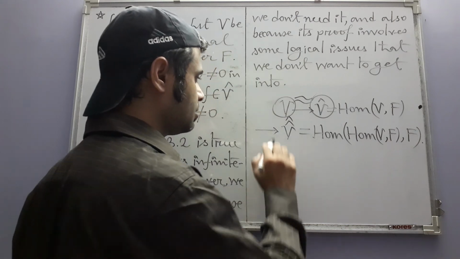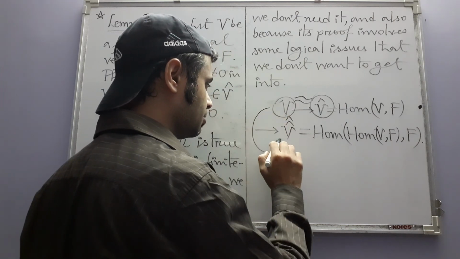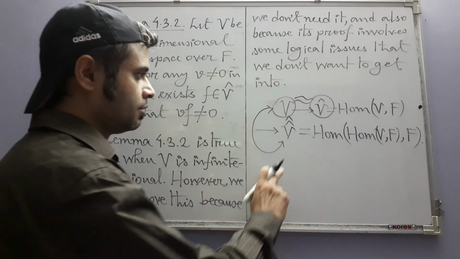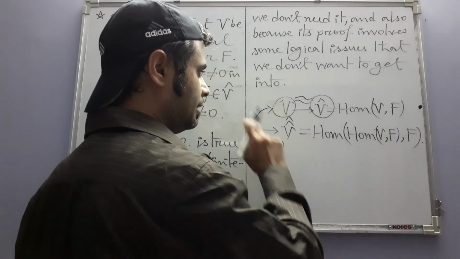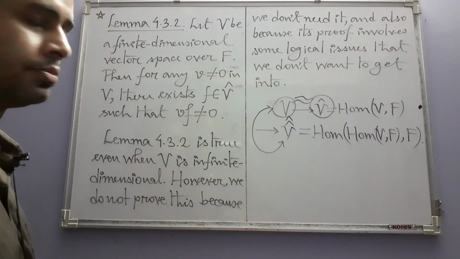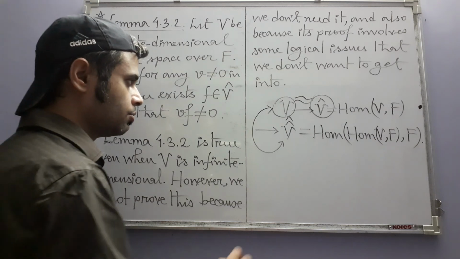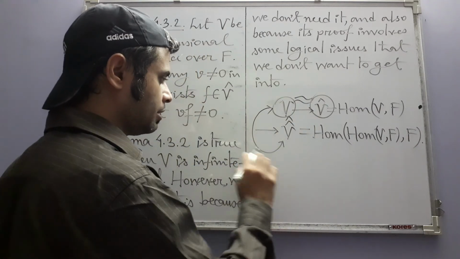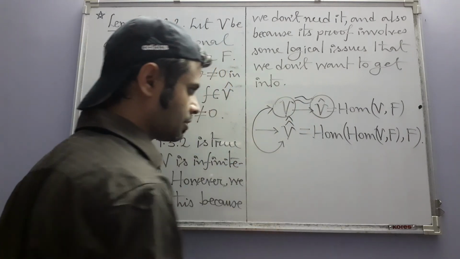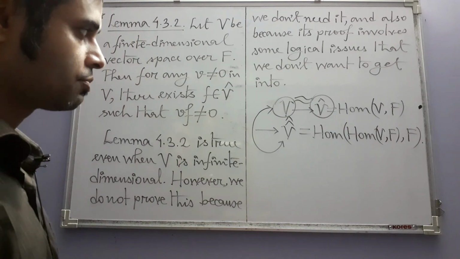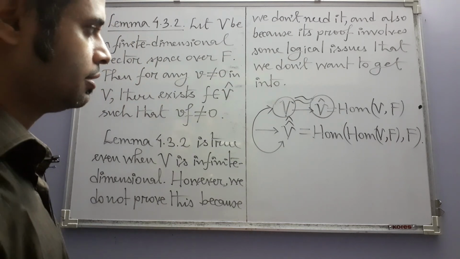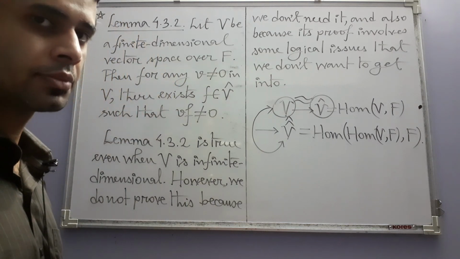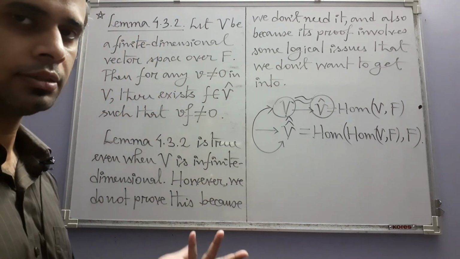However, there is a natural nice isomorphism between V and V double hat, and for that we don't even need finite dimensionality. We can show that these two are isomorphic to each other by a very specific kind of isomorphism, and because we do not need finite dimensionality, that construction is an invariant one. And this we will see in the next video.